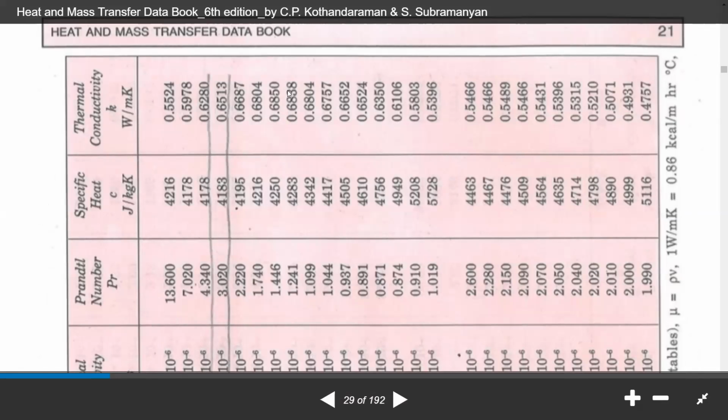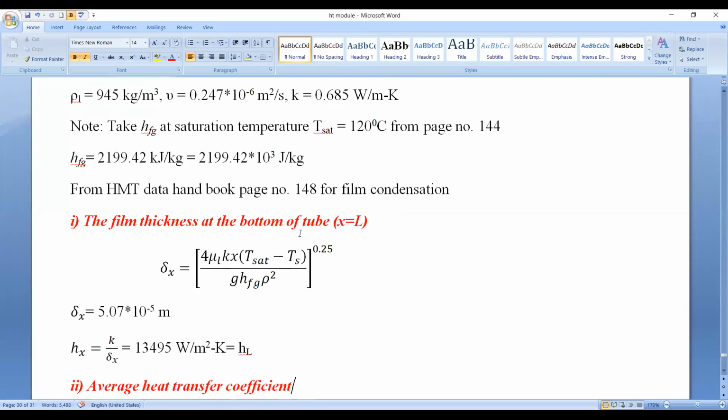After copying these thermophysical properties, we have to refer to the formula which is on page number 148. But before that, the latent heat of vaporization, hfg, should be taken at the saturation temperature, that is at 120 degrees centigrade.